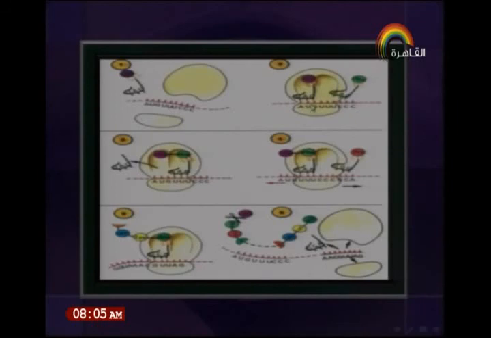Then the transfer RNA carries amino acids to the large ribosomal subunit. Then protein synthesis begins and forms a polypeptide of protein.